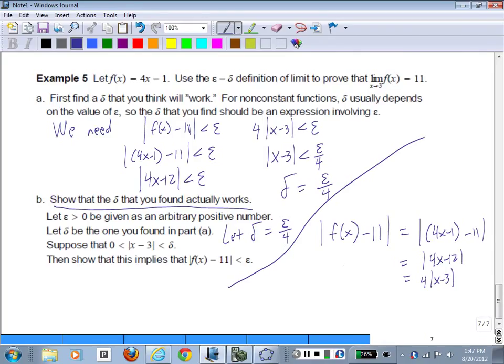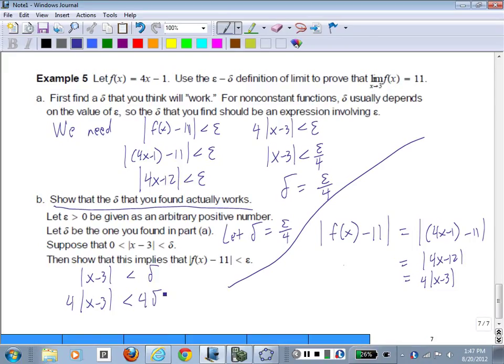Now, here's the key step. And I think this is probably the most challenging step in the process. We come back here and look and see what we're supposing. We're supposing that the absolute value of x minus 3 is less than delta. Well, if we're supposing that, then 4 times the absolute value of x minus 3 is less than what? 4 delta.